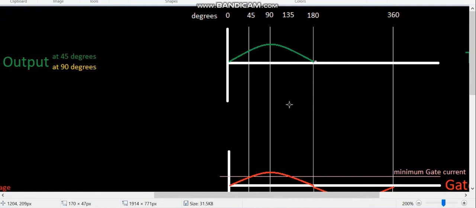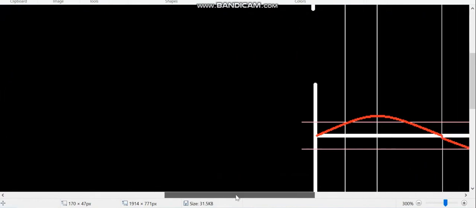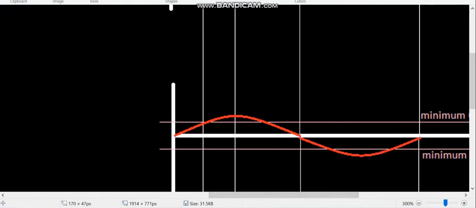And then if we look at where it starts to conduct, right here, we can see that it's at this point where that current is now high enough, and it's going to conduct until it gets down to that point, which is a zero threshold.